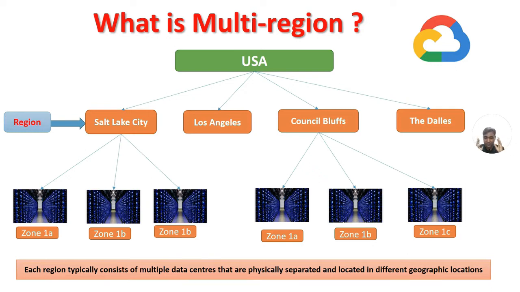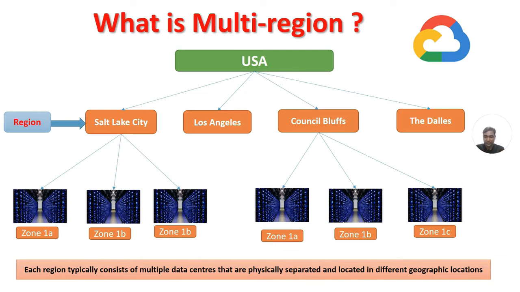And guys, placing application components closer to end users by leveraging multiple regions helps to reduce network latency. Users accessing the application from different geographical locations experience improved performance and responsiveness due to the reduced round trip time of data transmission.